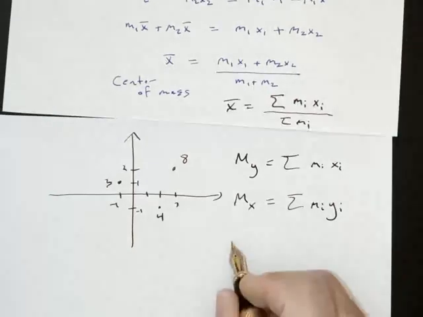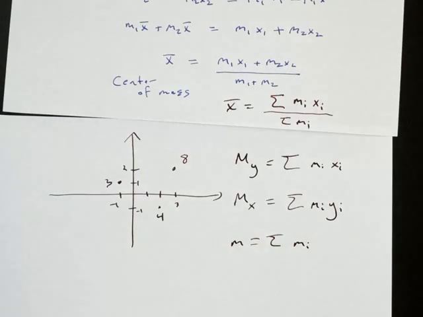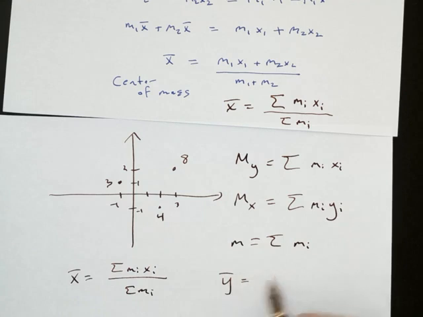If I take these items and I also take the sum of the masses, then I can do exactly this calculation. And I can write x bar is the sum of mass times x over the sum of the masses. And I can write y bar is the sum of m times y over the sum of the masses.